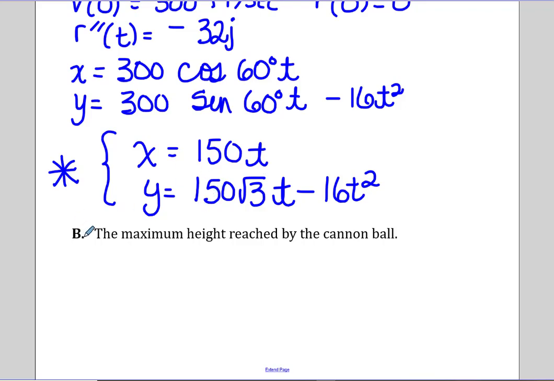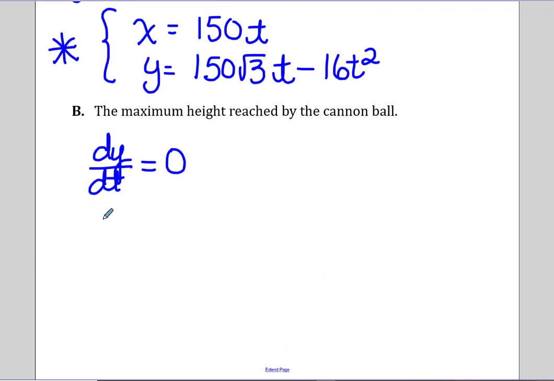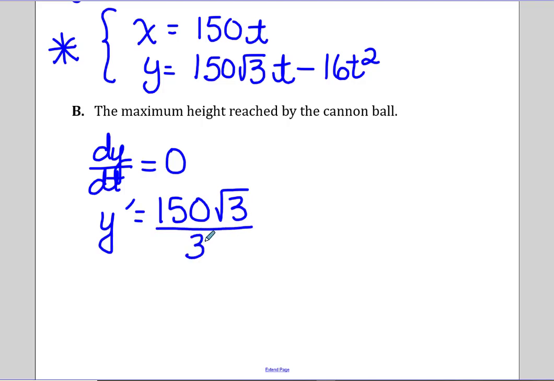For part B, the maximum height reached by the cannonball would be where the derivative dy dt equals 0. We're looking for that. So this is our y. We're taking the derivative. Y prime is going to be 150 radical 3 minus 32t.